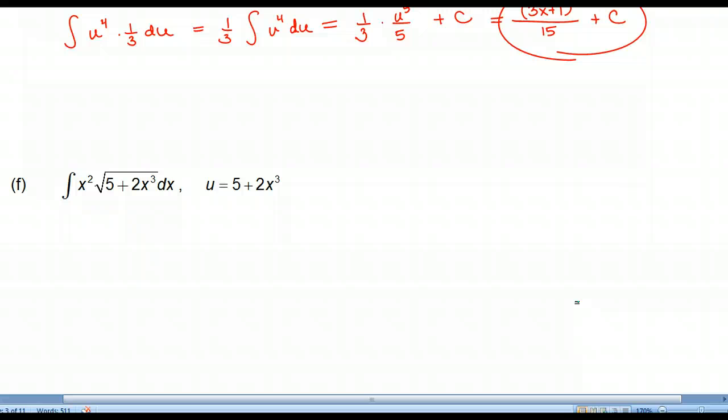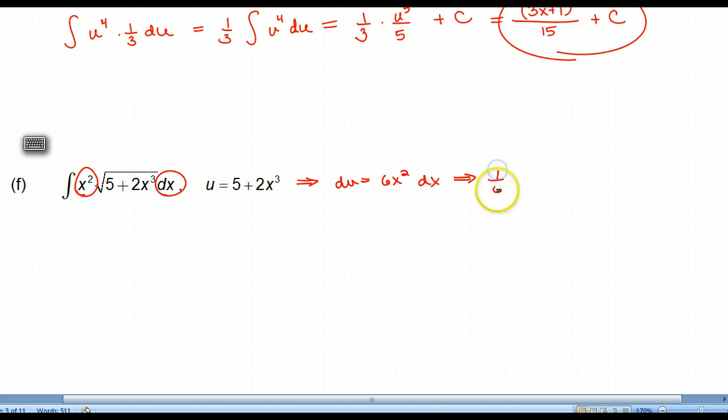How about this? Anybody want to attempt it? Yeah, Annie? So du equals 6x dx. I see that we have an x squared and a dx, but I don't have a 6. So I have to compensate by multiplying everything by 1/6 out in front.